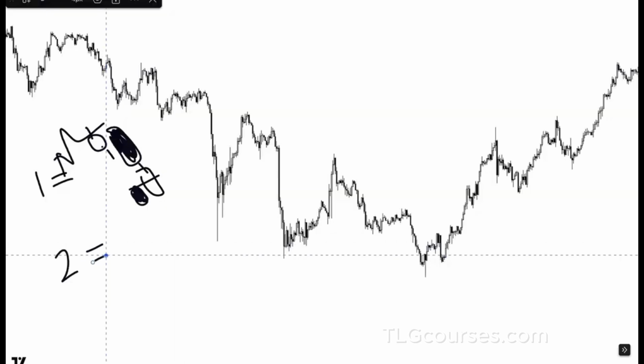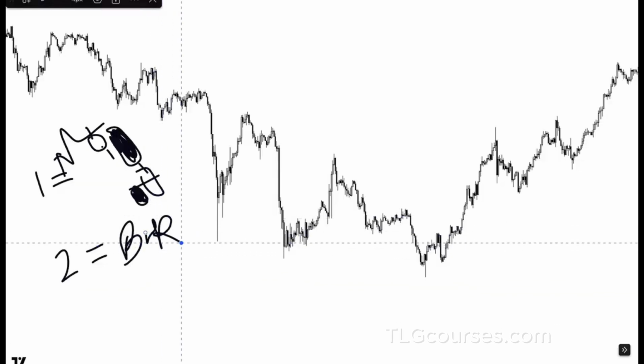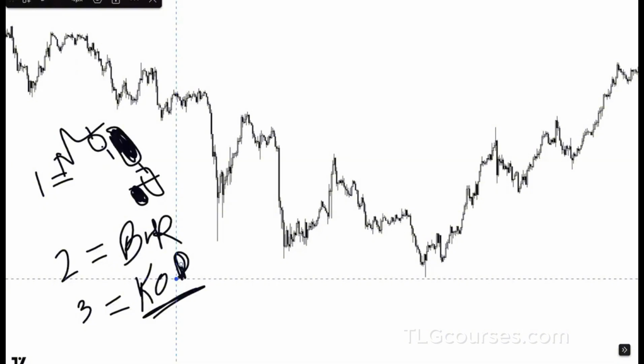A true market structure shift will either give you a breaker entry, which is the up close candle that liquidated the old low, or the down close candle right before price raced up into an old high. And we'll see examples of that, right? Number 3 is the kiss of death turtle soup, one of my favorites, right?